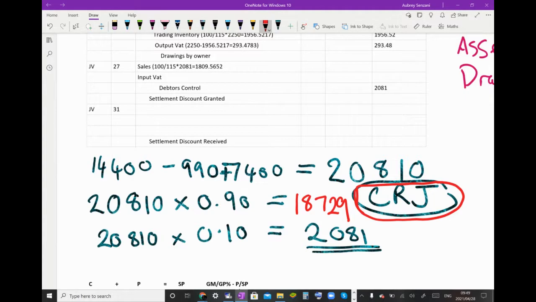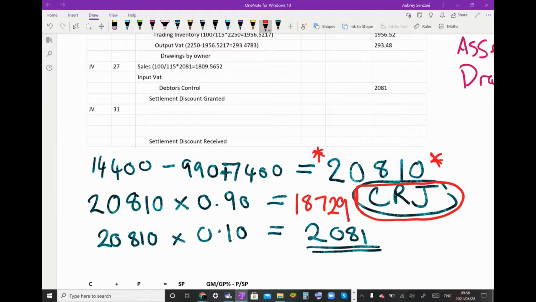Okay. But now the challenge that we have is this 20,810 needs to be reduced. Because initially that's what we've quoted him for, right? After his returns and everything. But we know that we actually gave him a 10% discount here.